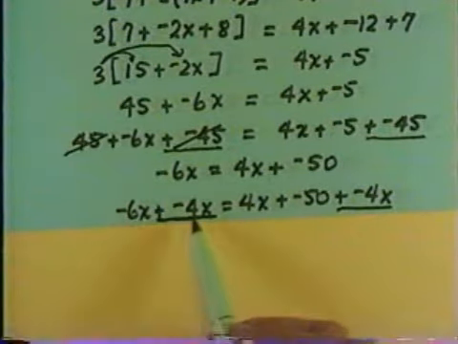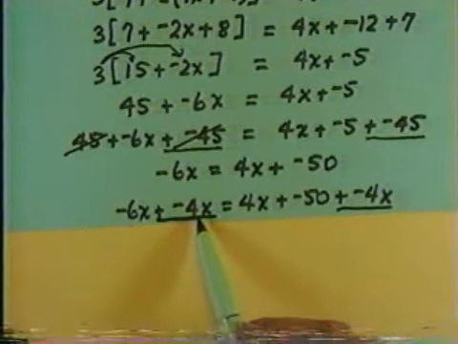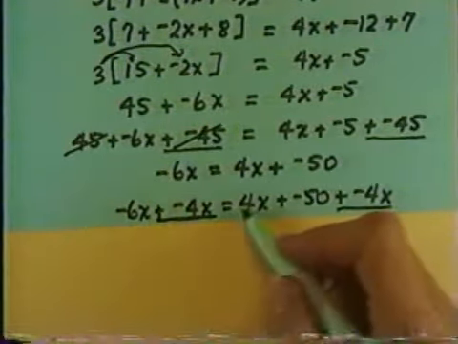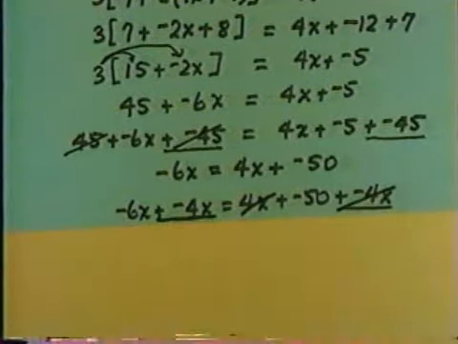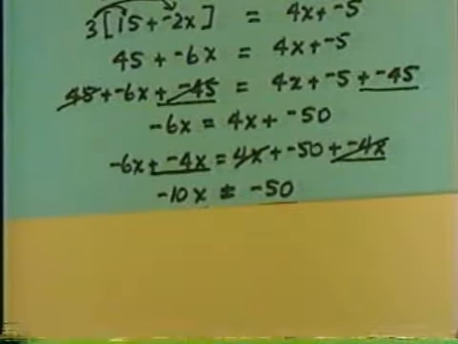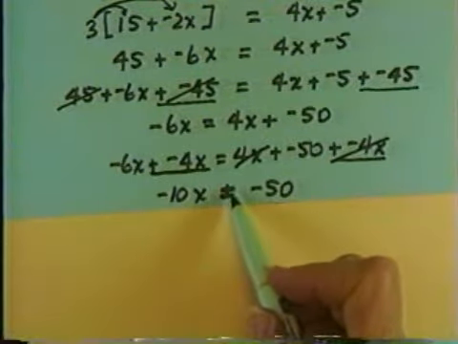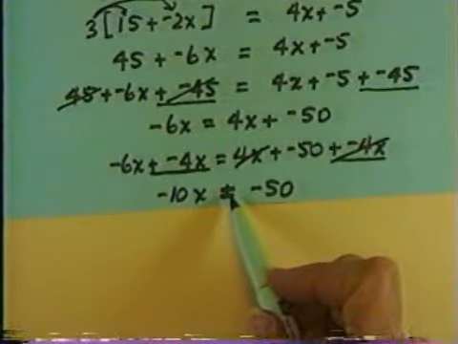On the left, negative 6x plus negative 4x will give negative 10x. On the right, the 4x plus negative 4x add up to 0, so they cancel, and we're left with negative 50. This gives negative 10x equals negative 50. This is an equals mark. Negative 10x equals negative 50.